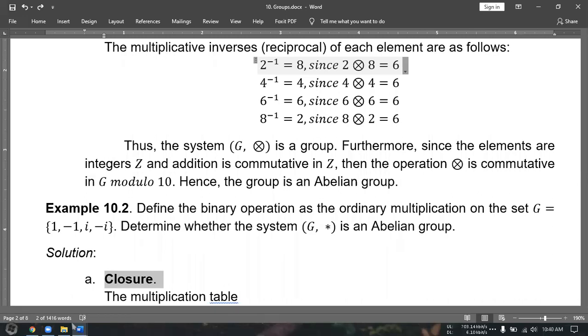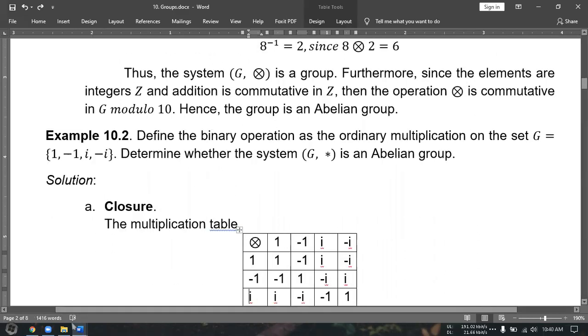But of course, those examples must be true for all. So you don't have to use a specific value. You have to use variables, not a specific value, but variables that would generalize the property. So instead of doing that, you may just construct a multiplication table.